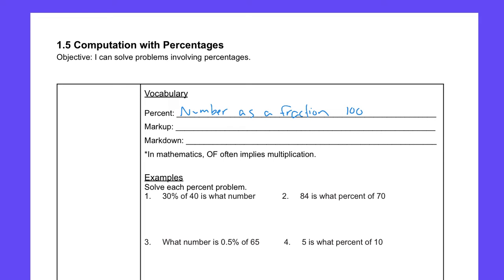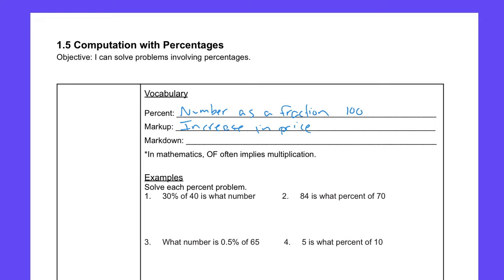Okay, markup. It would be an increase in price. So for example, if a company buys a box of cereal, they buy all the cereal for a certain price, and then they put it in their store and increase the price to sell it to customers so that they can make a profit off it also.